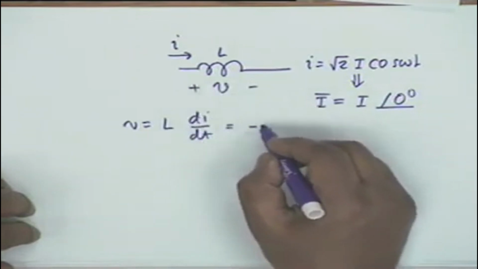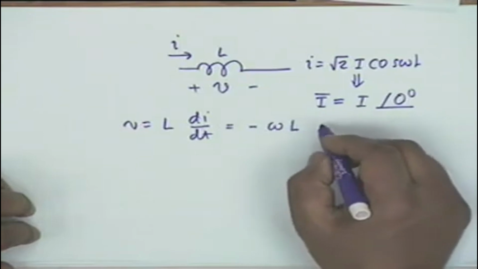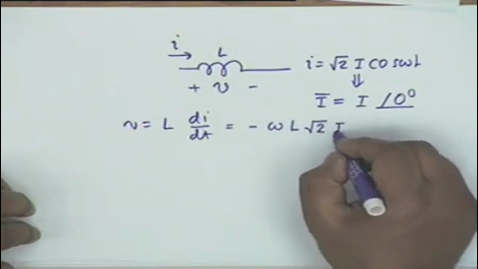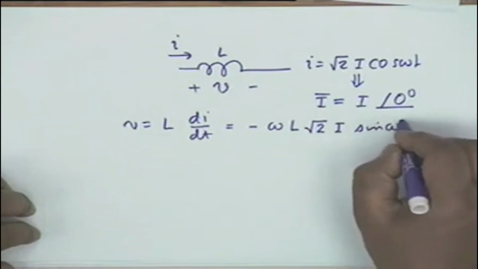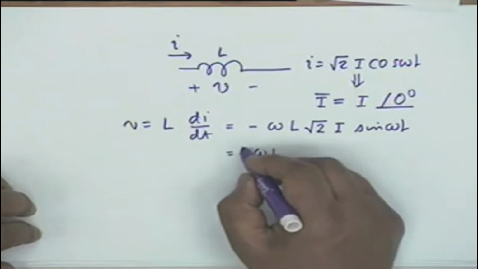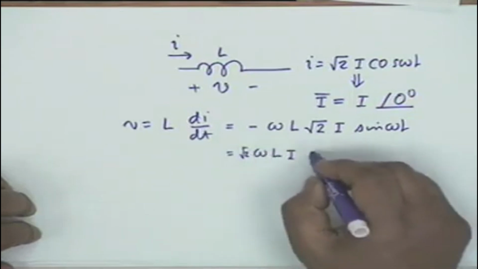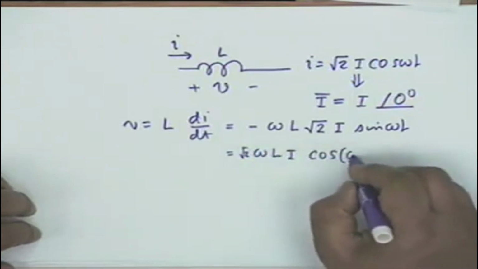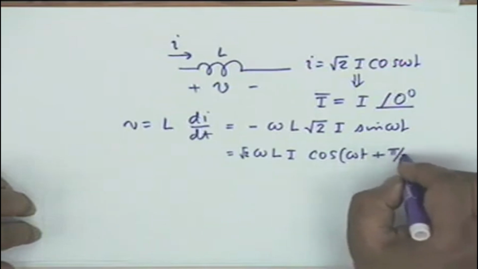This will be minus omega L root 2 I sine omega t, which can be written as root 2 omega L I cosine of omega t plus pi by 2.